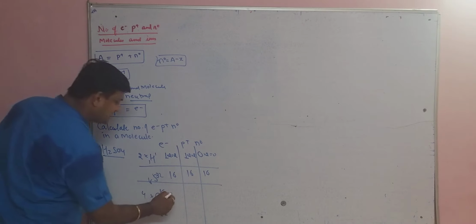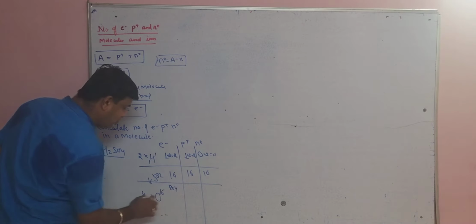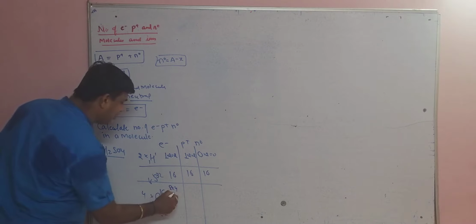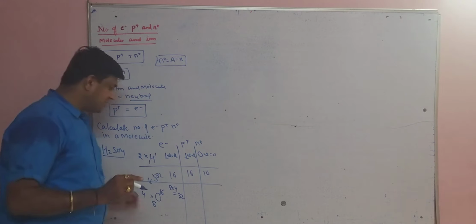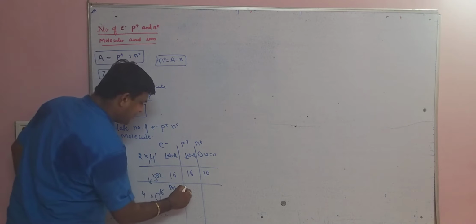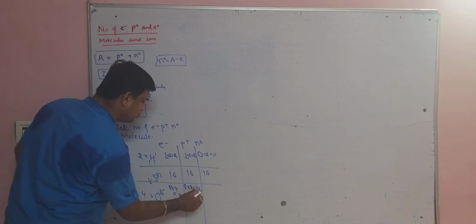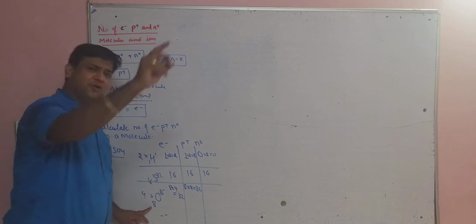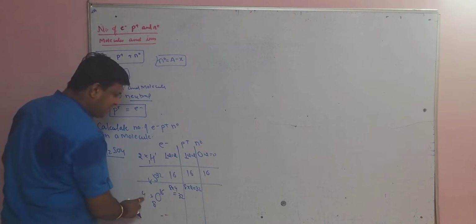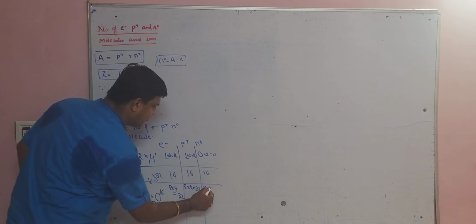So electrons are 8, but since I have 4 oxygens, multiply by 4. The answer is 32 electrons in 4 oxygens. Similarly, 8 protons, multiplied by 4, is again 32 protons, and 16 minus 8 means 8 neutrons, again multiplied by 4, so 8 into 4 is 32.